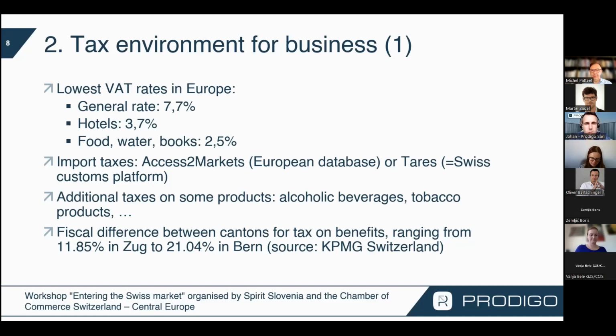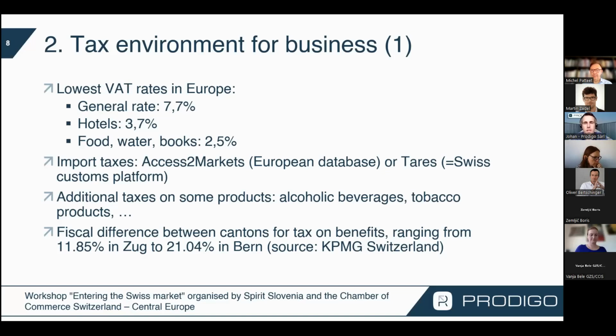And we will see just later how you can check what are the taxes applying to your product and other non-tariff barriers. Additional taxes also apply on specific products such as alcoholic beverages, tobacco products, or oil products. So you have to keep that into account as well.